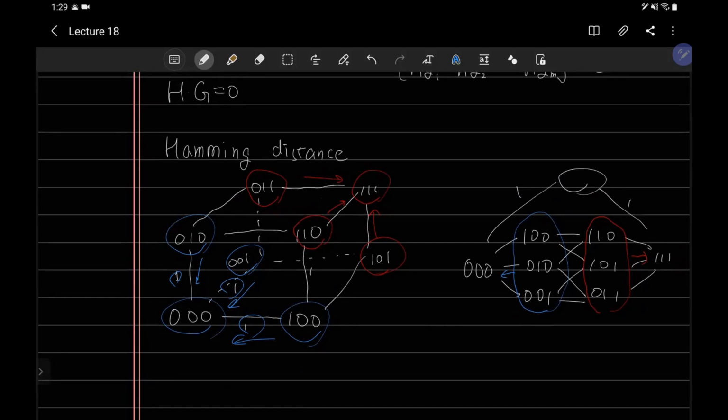For this case, there is no such thing like this one. So we can safely say that the minimum distance between the two valid code words, 000 and 111, is always 3. And in this case, I can say that this can be generalized as 2t plus 1.